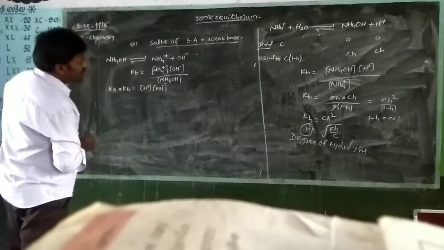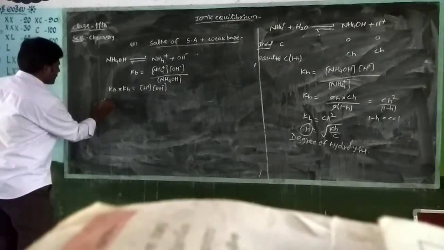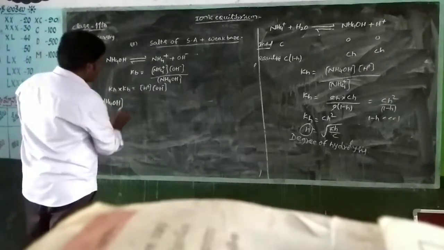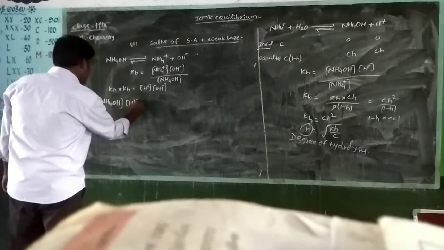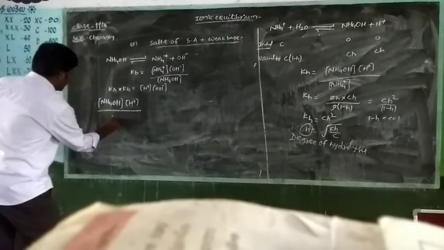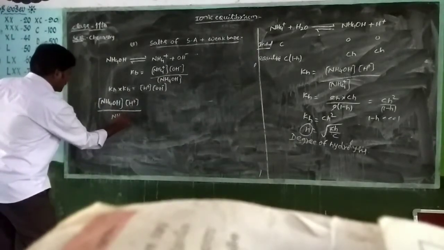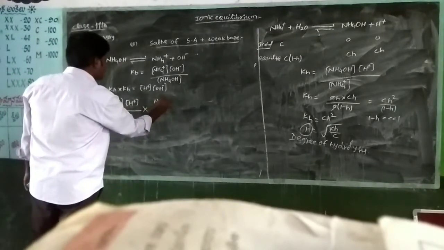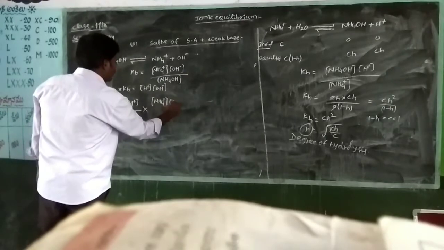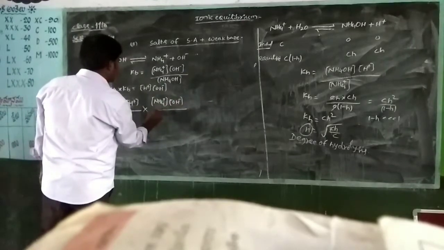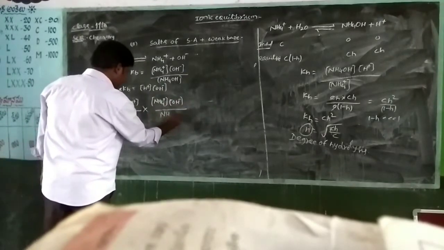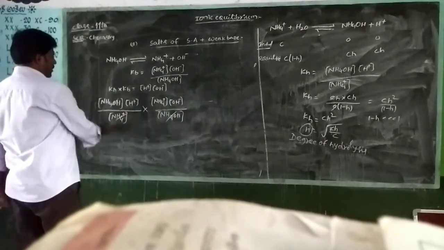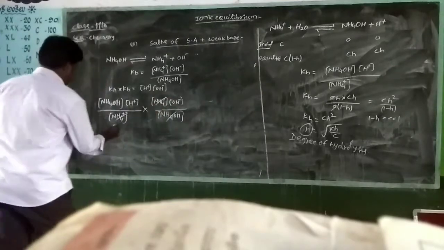Kh means NH4OH concentration, H plus concentration upon NH4 plus, into Kb means NH4 plus concentration, OH minus concentration upon NH4OH. Have to cancel the NH4OH, NH4OH, NH4 plus, NH4 plus.